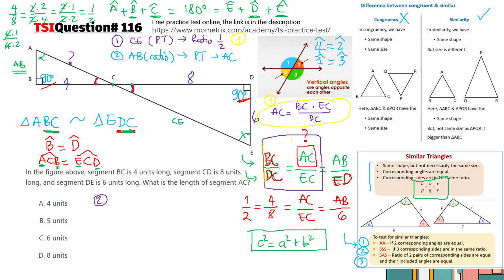Based on this one, BC over DC equals AB over ED. So we have the ratio 1/2 equal AB over 6. So AB will be equal 6 times 1 over 2, that is 3.